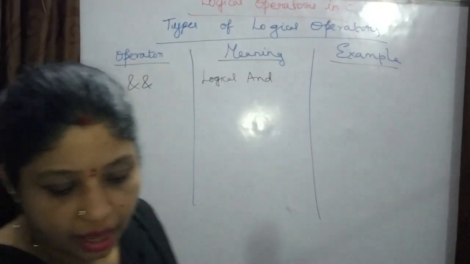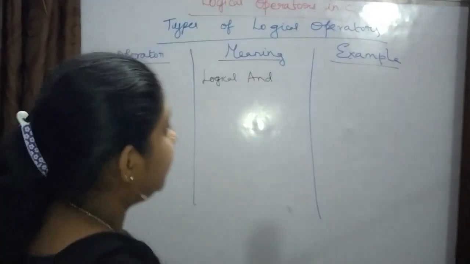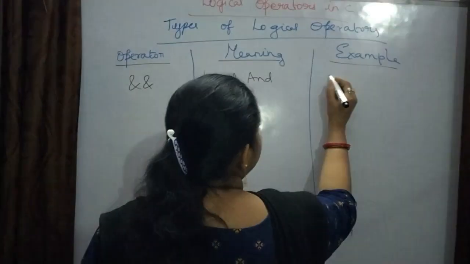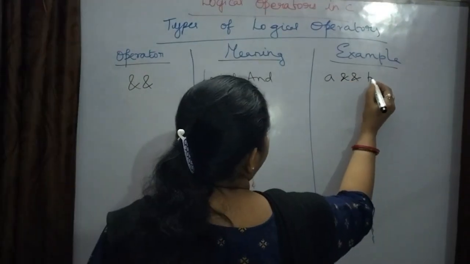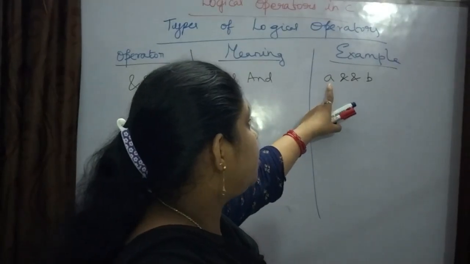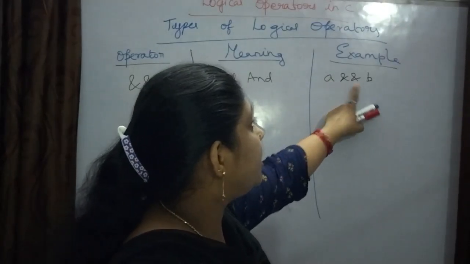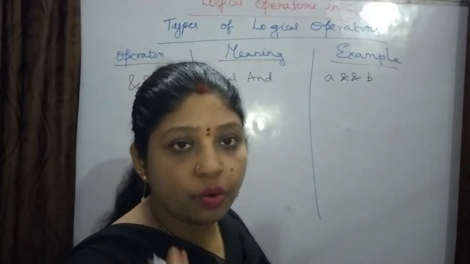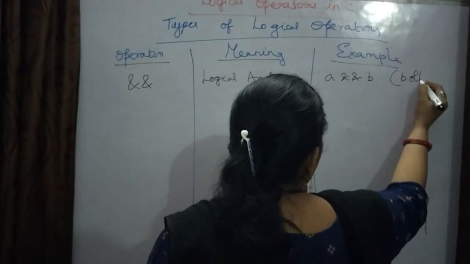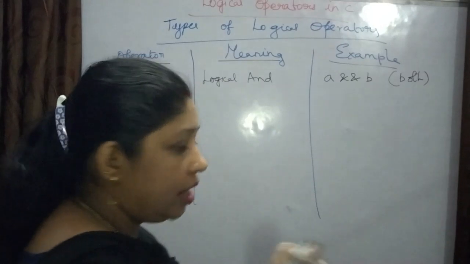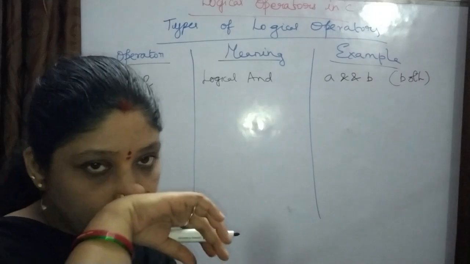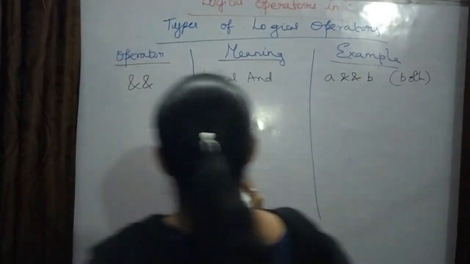You write it with the operands as A && B. That means both the conditions A and B should be satisfied, then only the result will be true. Otherwise it is false.